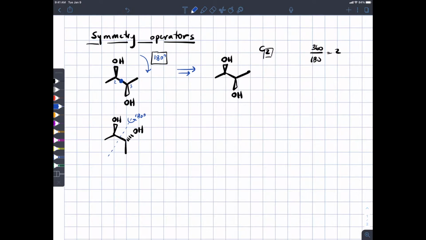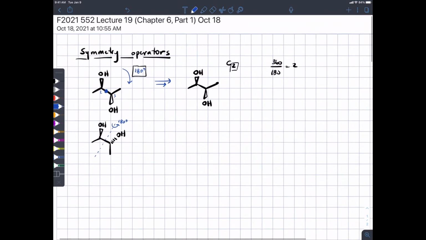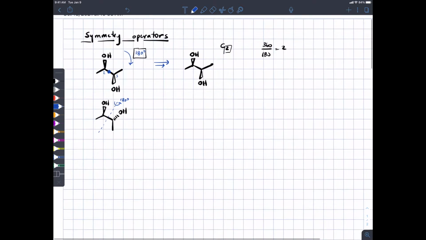But this idea that if you can find an element of symmetry in one conformation, it applies to the molecule in all conformations, is an important one, and it's one that I use to trick unsuspecting undergraduate students in 351.